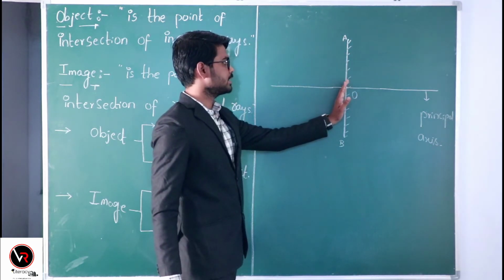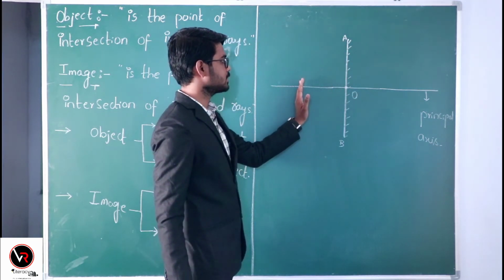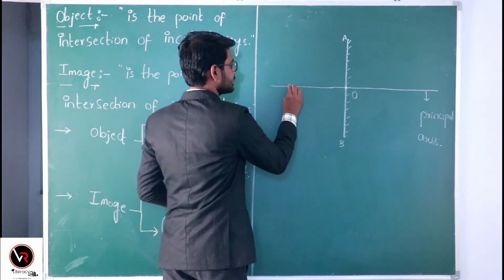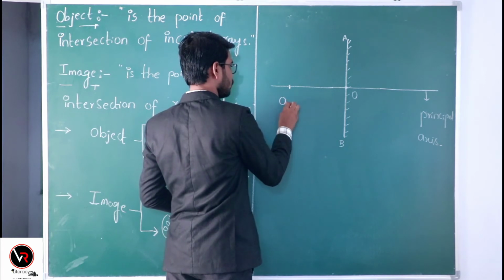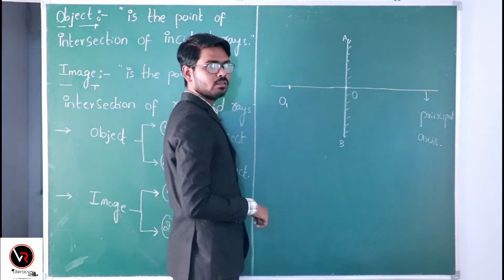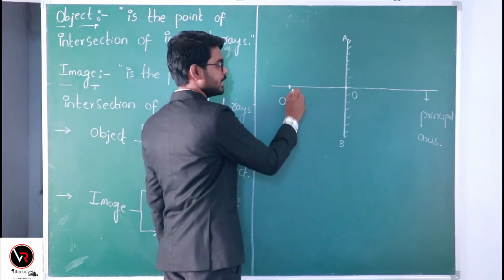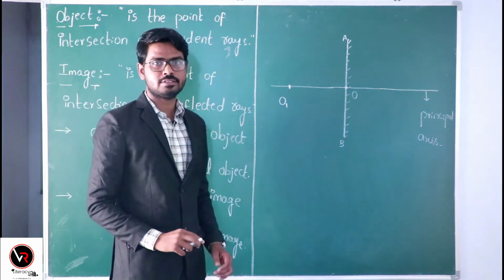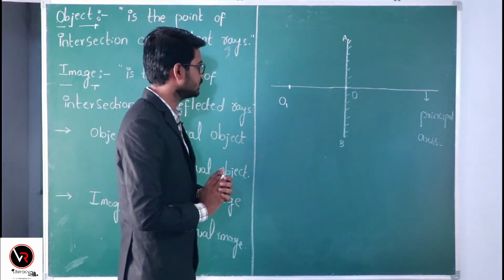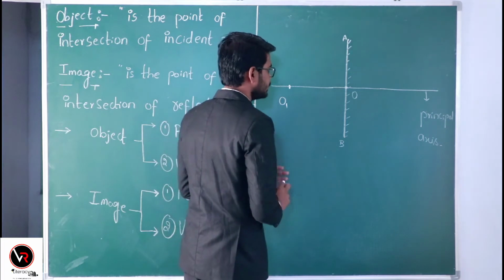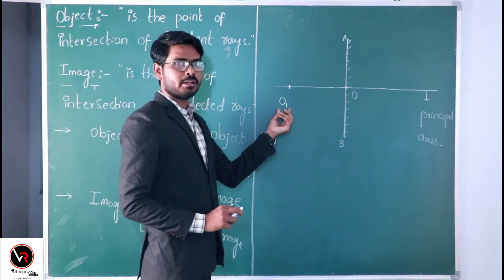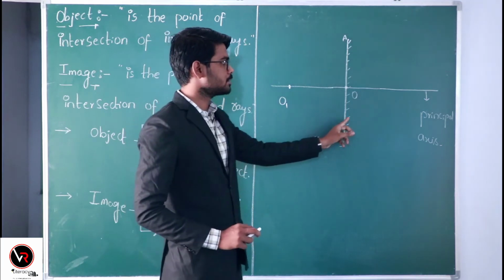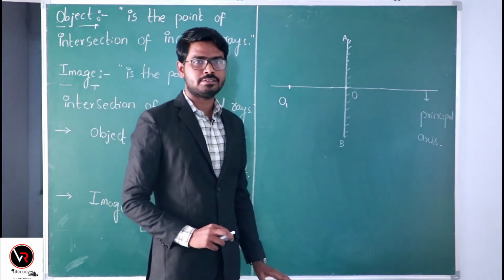At a certain distance from the point O on this principal axis, place a point object O dash or O1. So point object is the object which has negligible dimensions, but still it exists. When we place the point object in front of the plane mirror, obviously it forms the image inside the mirror.